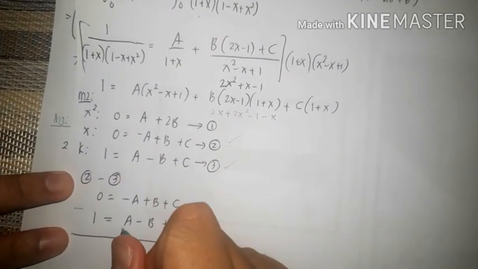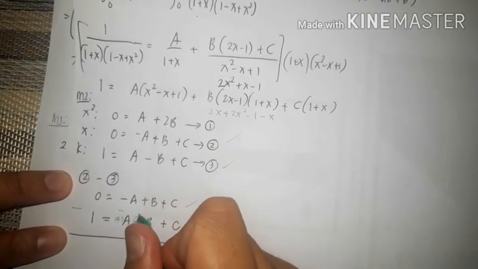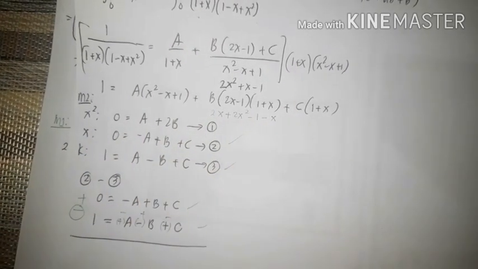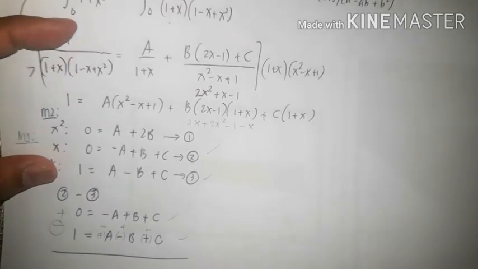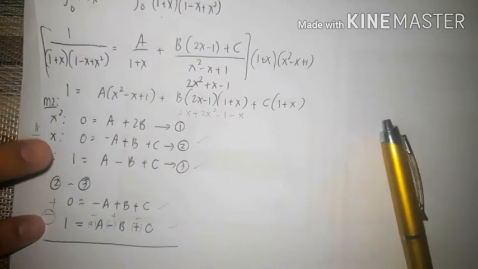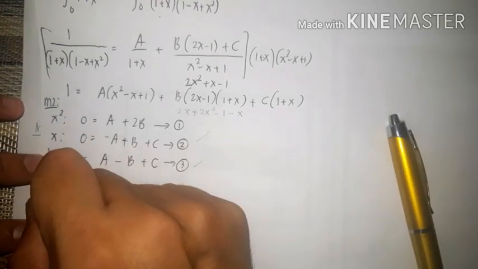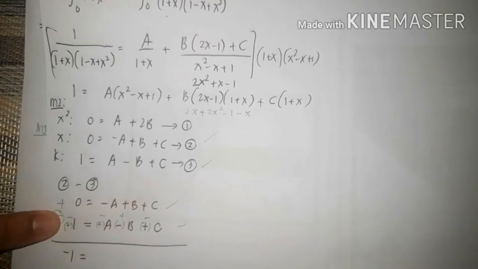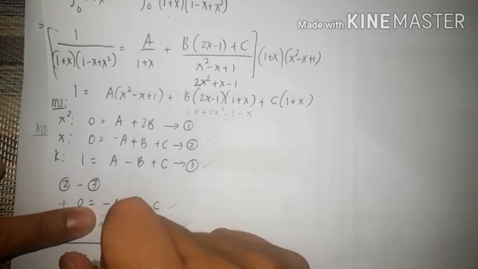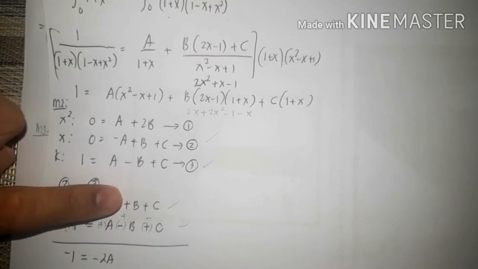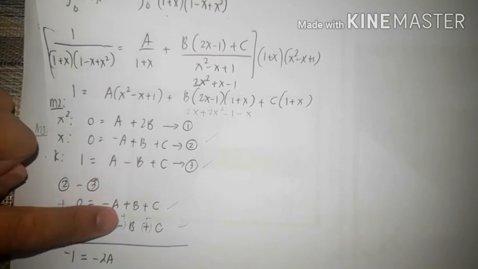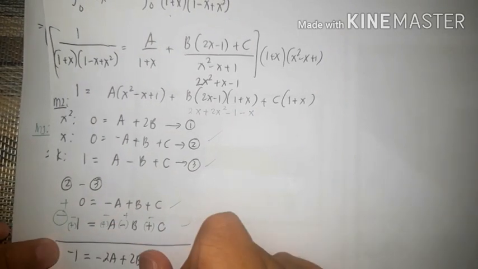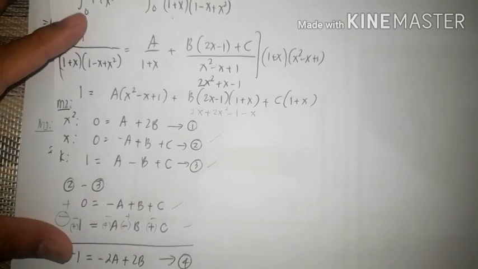Then subtract: this positive changes to negative, this negative changes to positive, and this positive changes to negative, and then this becomes addition. So 0 plus negative 1 is negative 1 equals negative A plus negative A is negative 2A. Then negative B plus negative B is negative 2B, and then C cancels out. So this will serve as our equation 4.